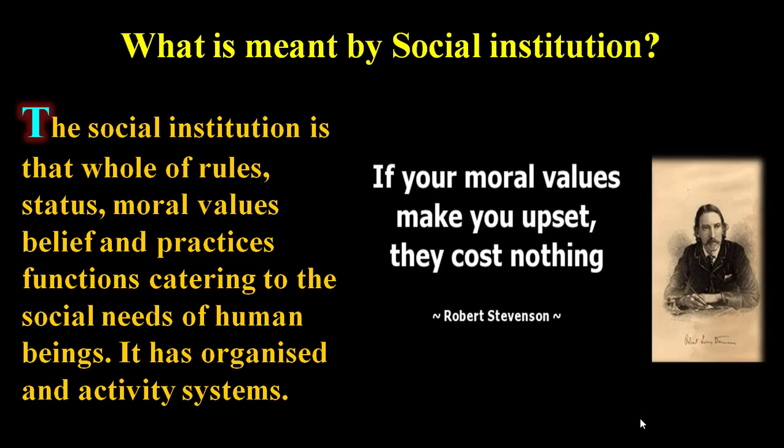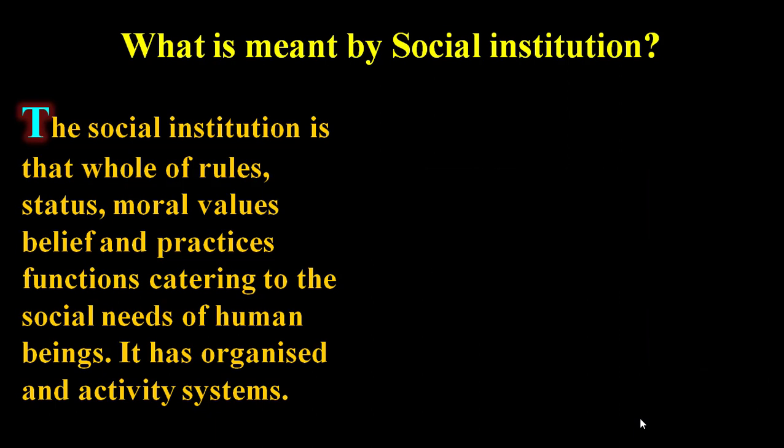According to Robert Stevenson, if your moral values make you upset, they cost nothing. Usually, when people get together to achieve their common needs and desires, institutions grow. It requires many rules and regulations to function. Since the social rules and customs remain in operation, social institutions are born. This explains when and how social institutions are born.